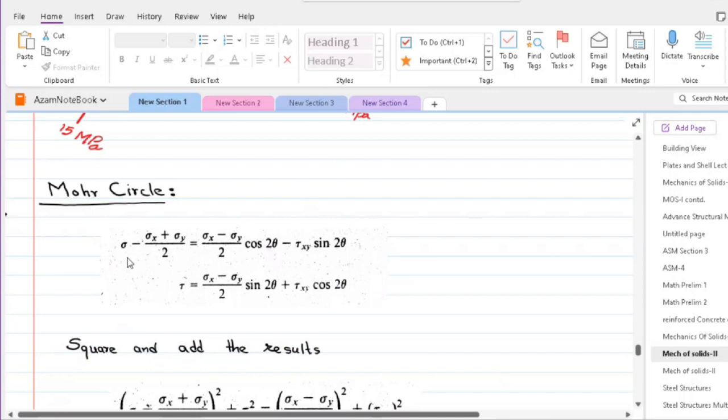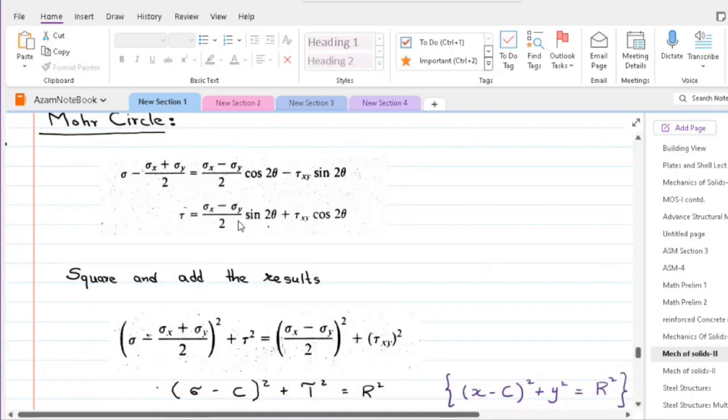Thus, in the case of stress expression, the first term was brought to the left, and in the case of shear expression, we had the terms involving thetas left at the right hand side of the equation.